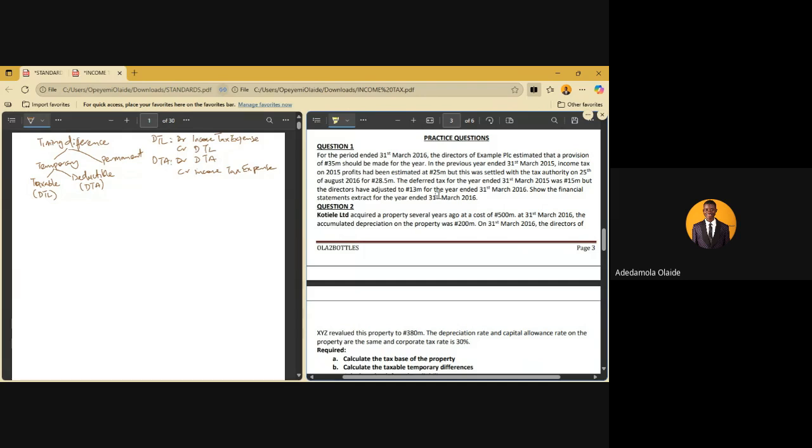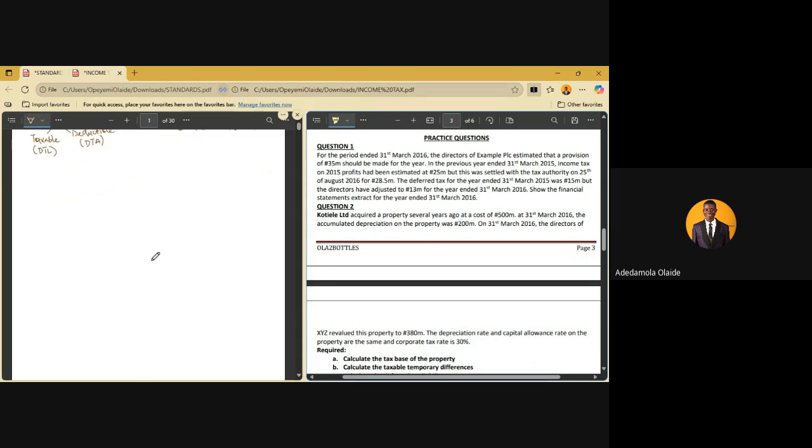In the previous year ended 31st March 2015, income tax on 2015 profit had been estimated at 25 million, but this was settled with the tax authority on 25th of August 2016 for 28.5 million. The deferred tax for the year ended 31 March 2015 was 15 million, but the directors have adjusted it to 13 million for the year ended 31 March 2016. Show the financial statement extracts for the year ended 31st March 2016.